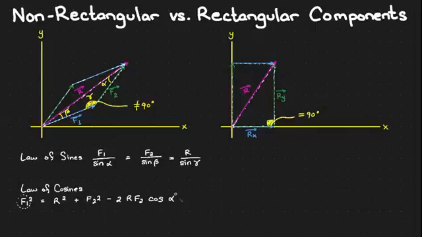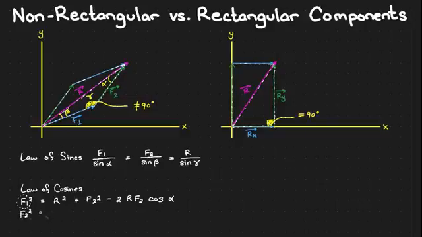There's a very easy way to remember the law of cosines. There are three sides, of course. Just choose any side. In this particular case, it's F1, and place that on the left side of the equation. The other two sides should be on the right side of the equation. Let's try writing the law of cosines for F2.